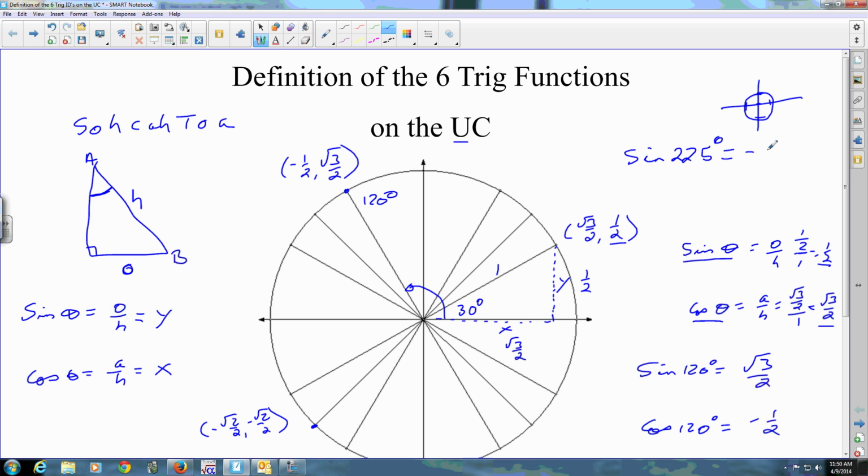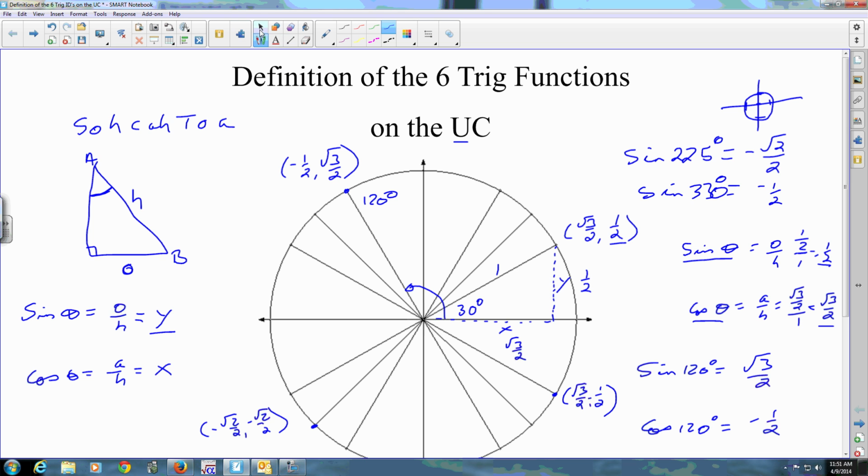So you'd say negative square root of 2 over 2, because that's your y value at 225 degrees. If I asked you the sine of 330, the coordinate is square root of 3 over 2, negative 1/2, so you'd say it's negative 1/2. Sine on the unit circle is your y value, cosine is your x value.